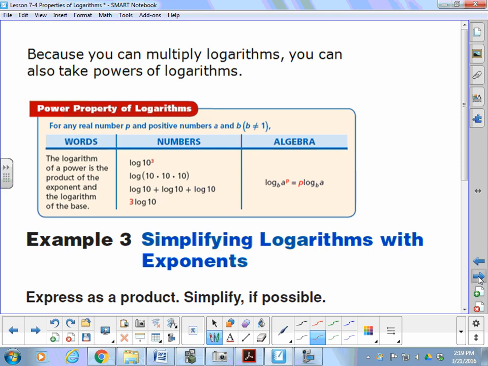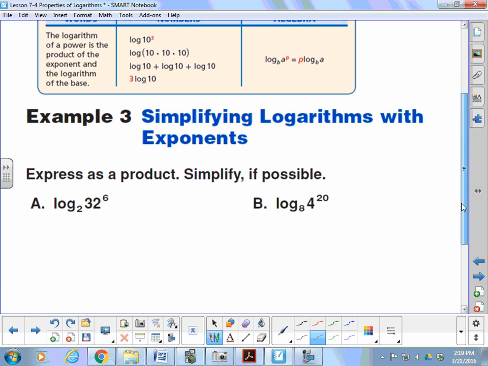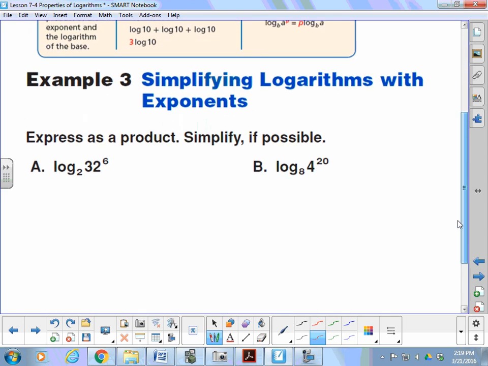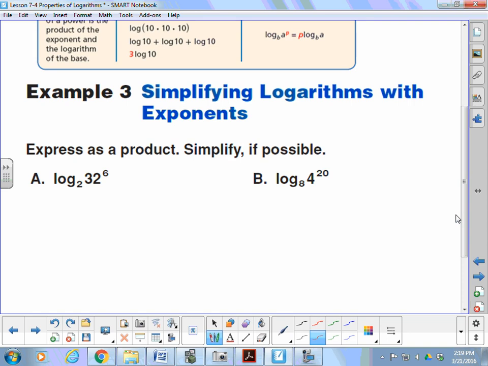All right, so like here we had the log of 10 cubed, well that's the same as the log of 10 times 10 times 10, which since I'm multiplying here, I can change these to addition, then the log of 10 plus the log of 10 plus the log of 10, which actually just means 3 times each of them. So using that power property, we can take that exponent and move it to the front. So we'll look at a couple of examples for this then.